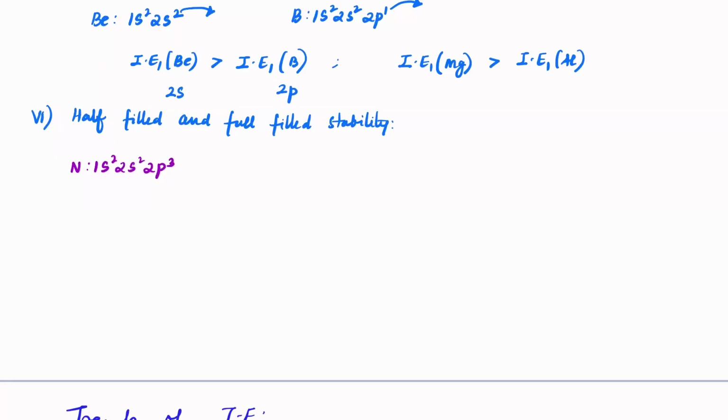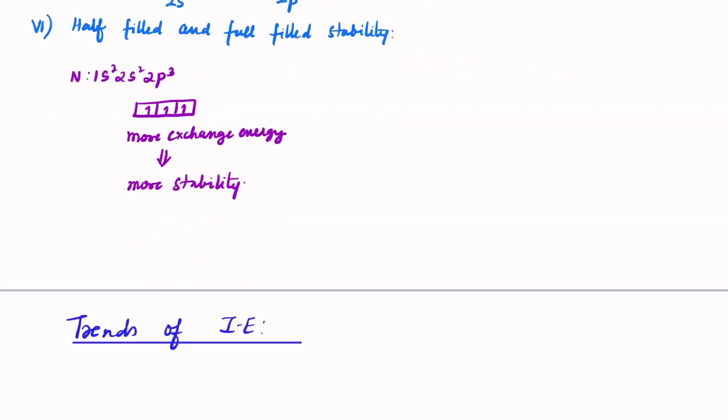In the case of 2p3, if you have more unpaired electrons, we expect more exchange energy, and more exchange energy implies more stability. If it is more stable, it is difficult to remove the electron. So that's why removing an electron from it will be challenging.